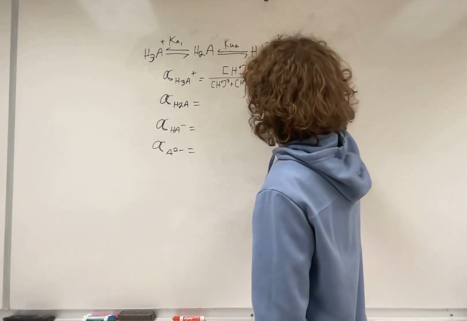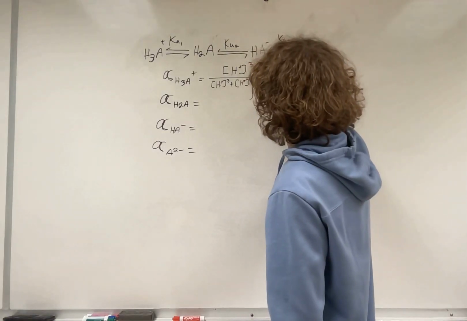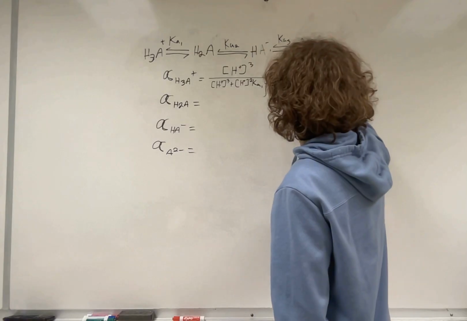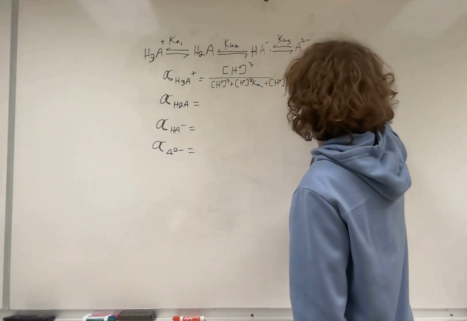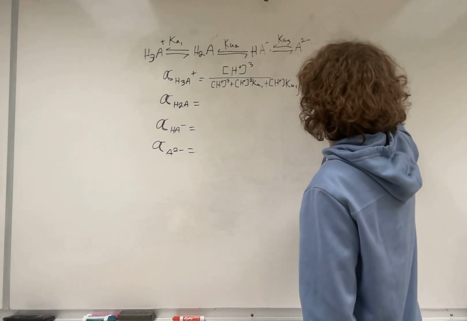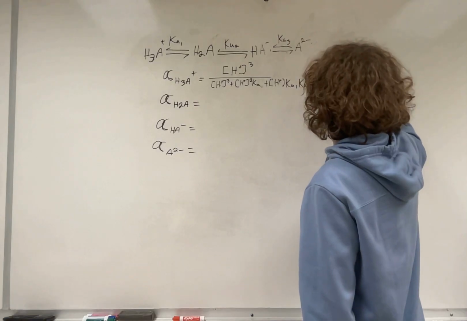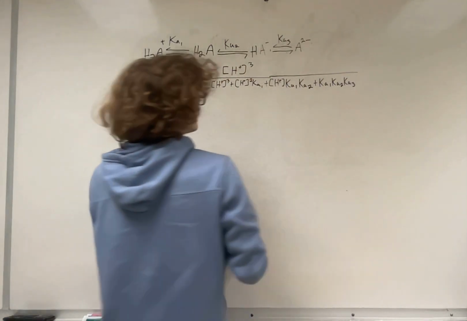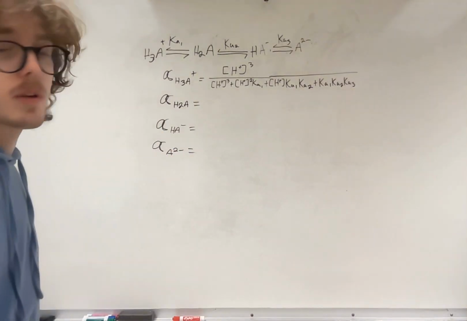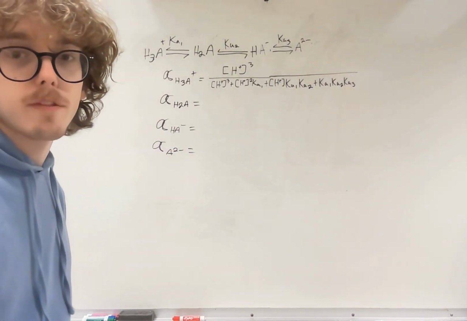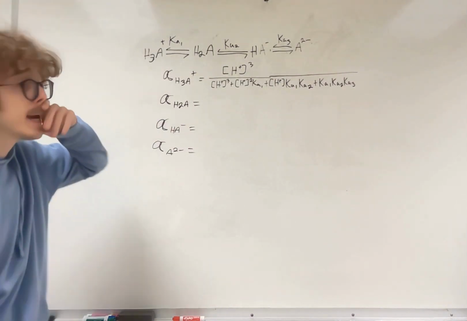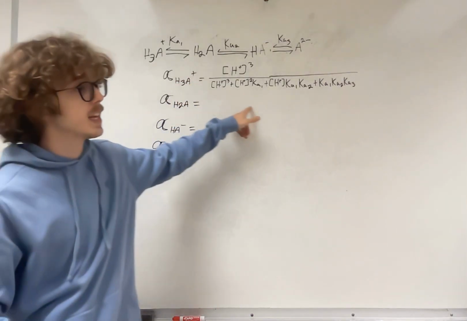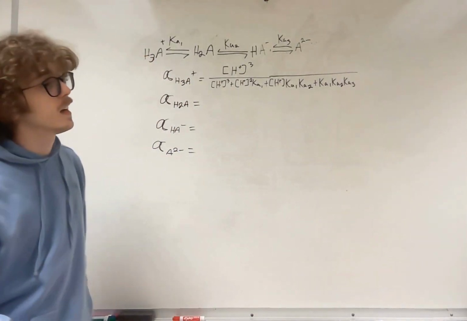Then it's plus H plus Ka1 Ka2, and then plus Ka1 Ka2 Ka3. I want to make sure that didn't get cut off. Okay, so you can see it. That is the fraction of H3A. That is crazy, a huge thing to want to find.